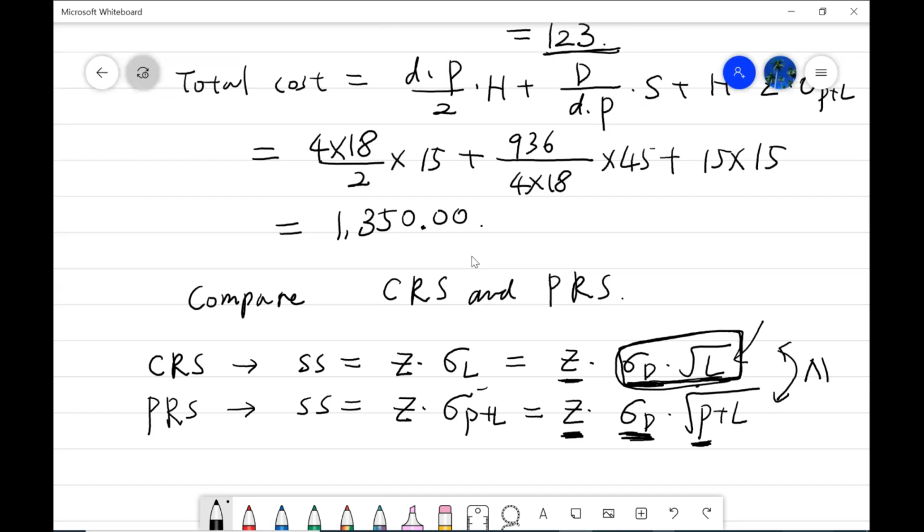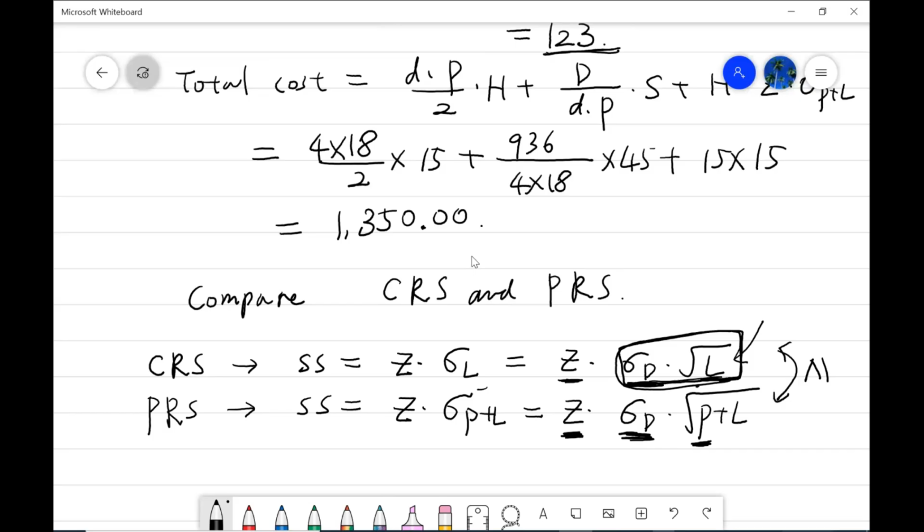So you have to have enough safety stock to cover not only the demand uncertainty during the lead time. In fact, you have to be concerned about the demand uncertainty during the whole time, including the review period, okay.